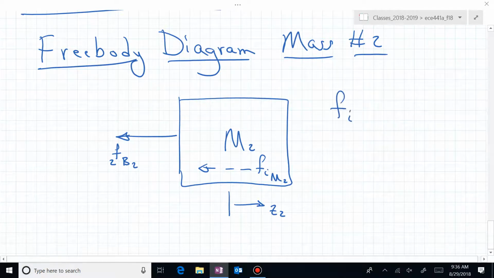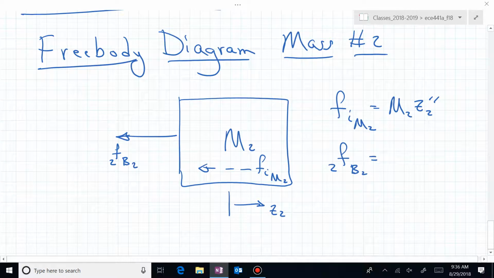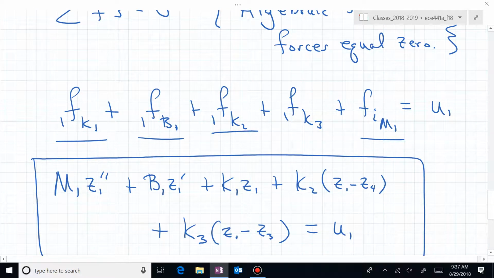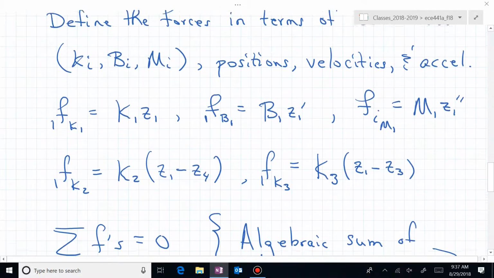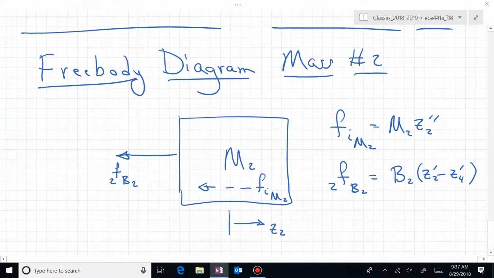Now we have F sub I sub m sub 2 is m sub 2 z sub 2 double prime. What's F2 b sub 2? Did I remember my primes in the z's? I guess I just had one. Yep, okay. Are we okay with that?